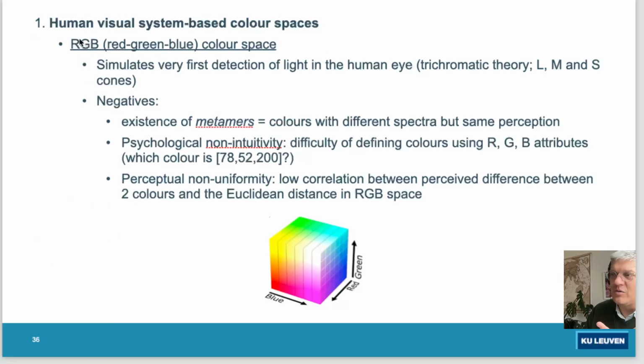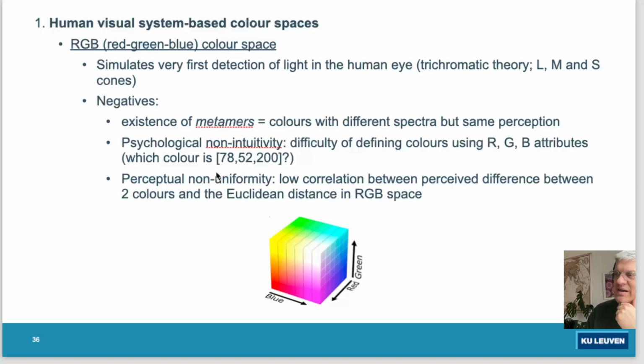You'll very often see red, green, blue used as a color scheme. So how much red, how much green, how much blue. It's useful, but not within data visualization. The problem is that there's this perceptual non-uniformity. How we perceive the colors is not the same as the actual Euclidean distance in that three-dimensional space.